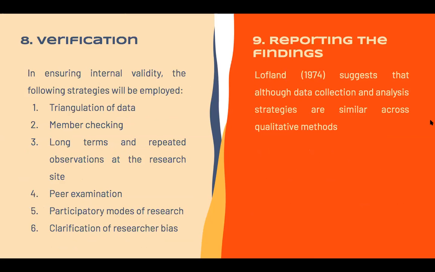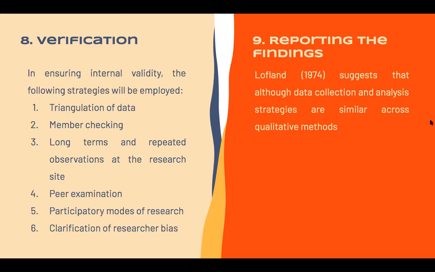Then the next one is verification. In ensuring internal validity, the following strategies will be employed. The first one is the triangulation of data, in which data will be collected through multiple sources, including interviews, observation, and document analysis. And then the second one is member checking. The informant will serve as a check throughout the analysis process.